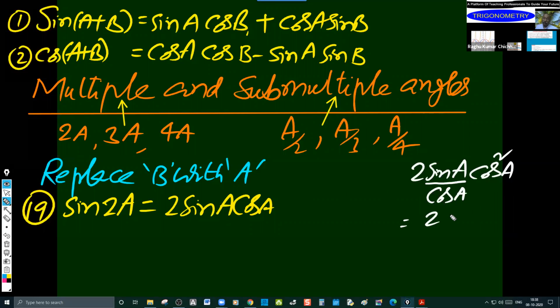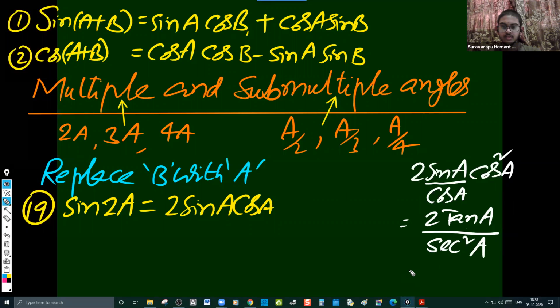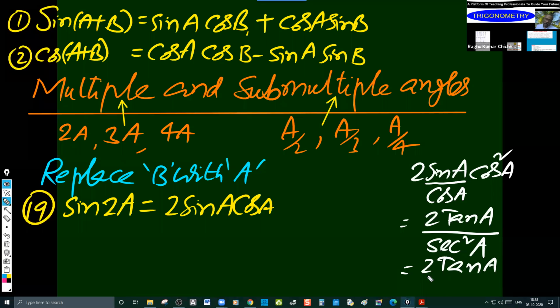So what is sine A by cos A? Tan A. What is cos square A in the denominator, please? Shift that cos square A to the numerator: reciprocal, sec square A, yes, 1 by cos square. So tan A upon, what is the identity of secant square A? 1 plus tan square A. You know that from 10th class itself.